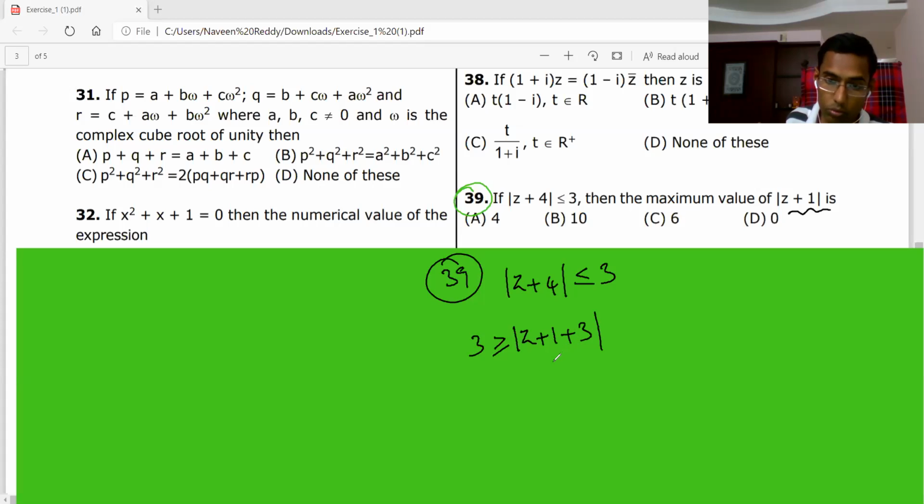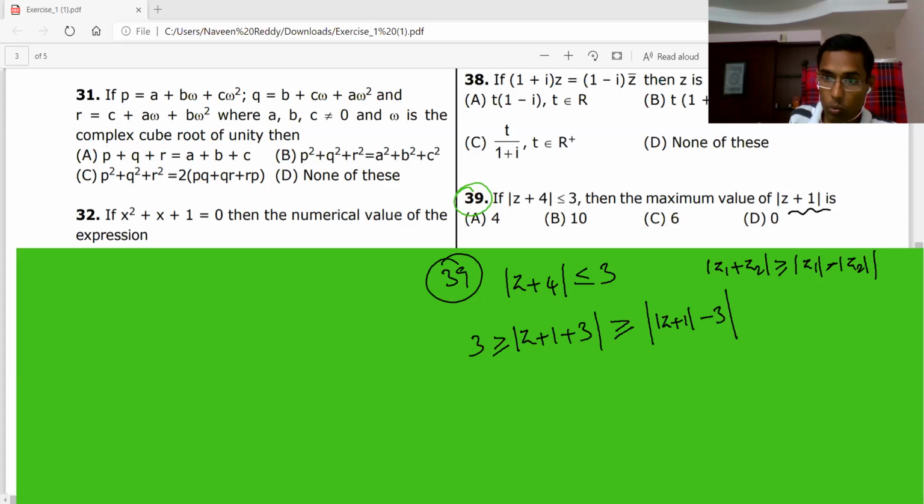Here what I want is this: 3 is greater than this, but this is greater than |Z + 1| minus 3. You know this one. We already learned the inequality: |Z1 + Z2| is always greater than or equal to ||Z1| - |Z2||.